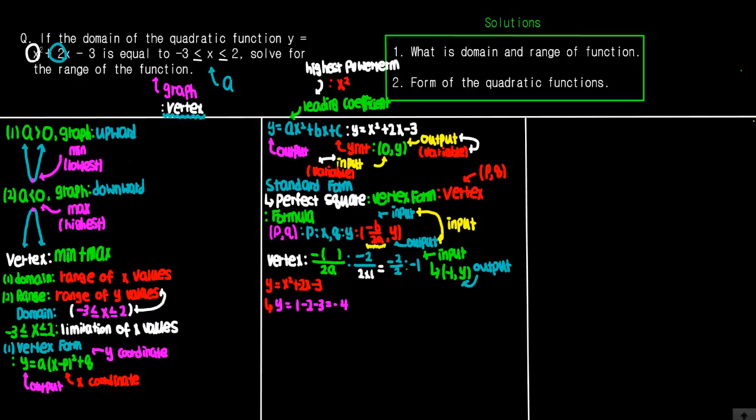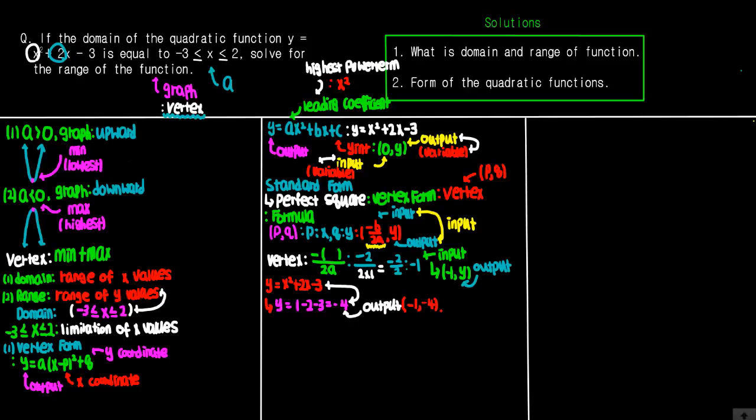So negative 4 is going to be the output of our function, and that is our y value. So our full vertex is going to be negative 1, comma, negative 4.